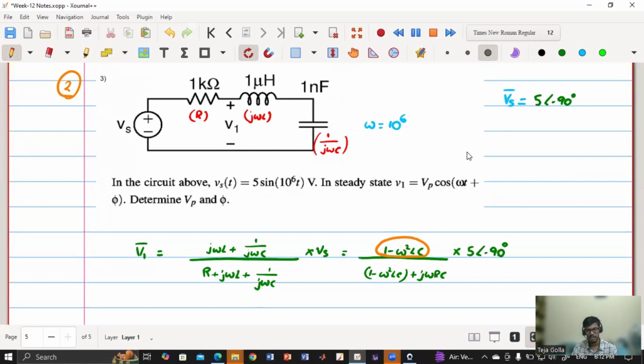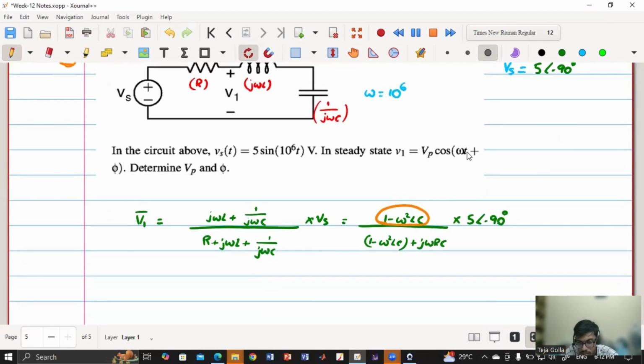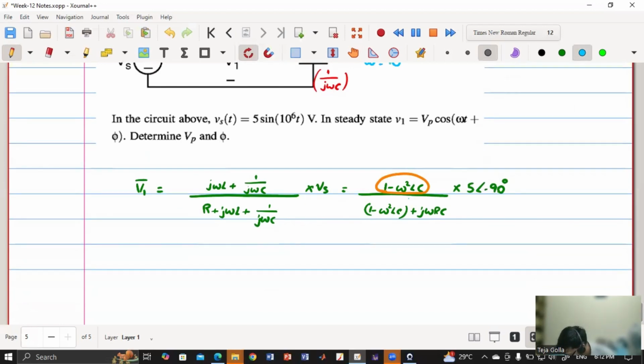So 1 minus 10 to the power minus 3 is 0.999. Just check and let me know.